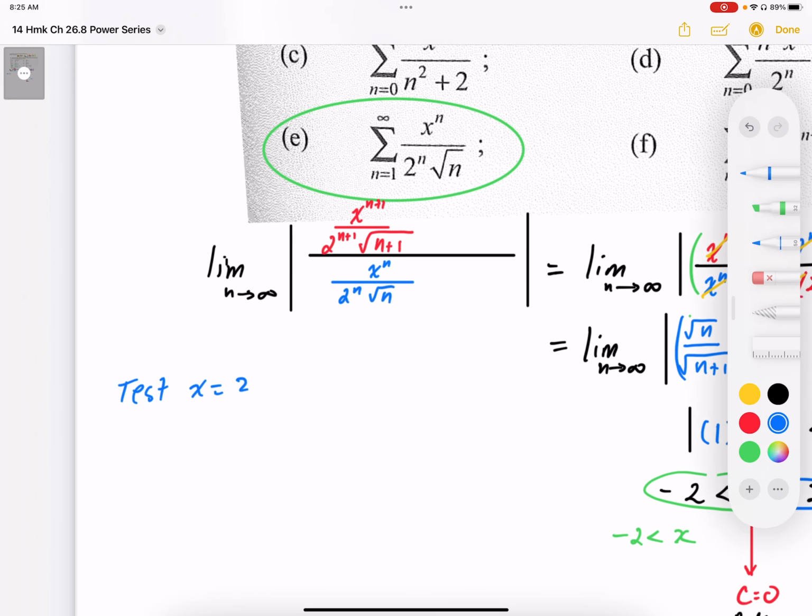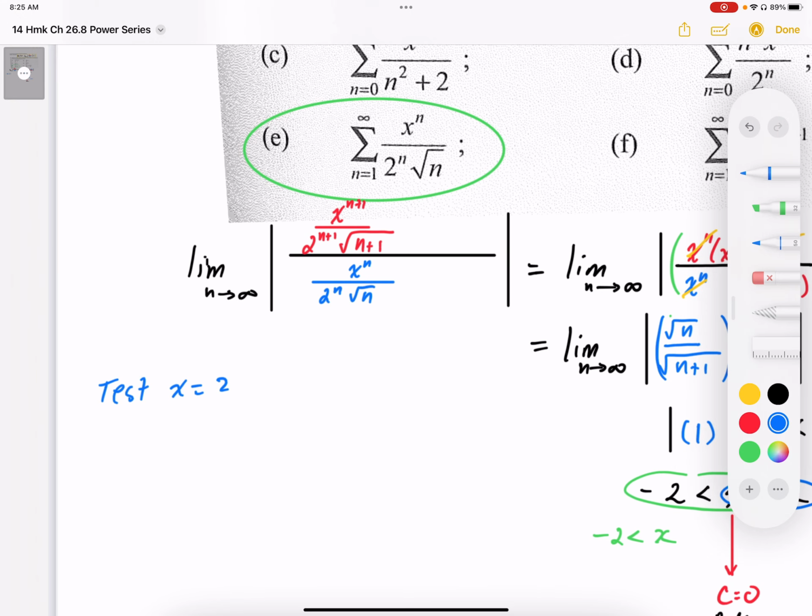To test x equals 2, I just plug that x into the original series from n equals 1 to infinity. And we're going to have 2 to the power n over 2 to the power n square root n. Okay, so this is just going to simplify to the 2 to the power n's cancel out.